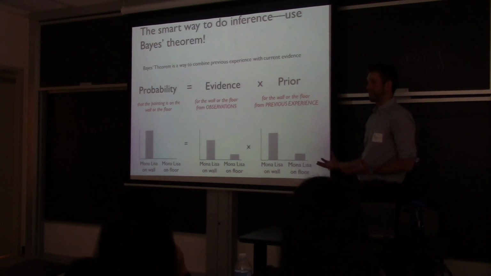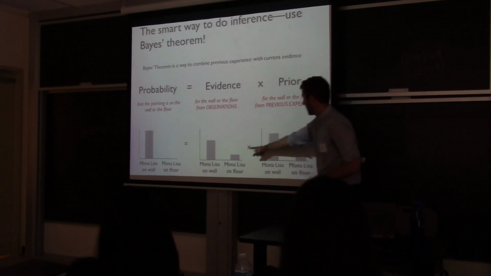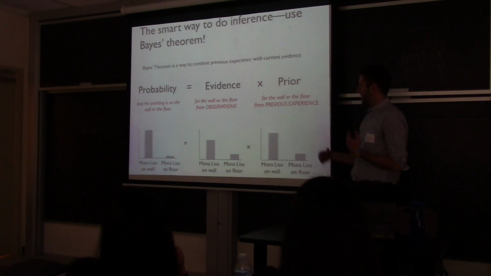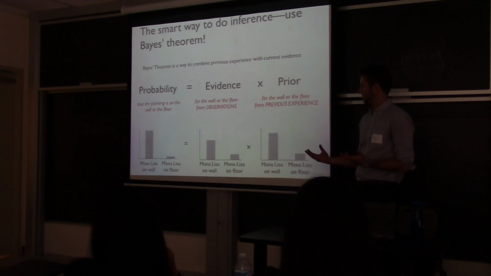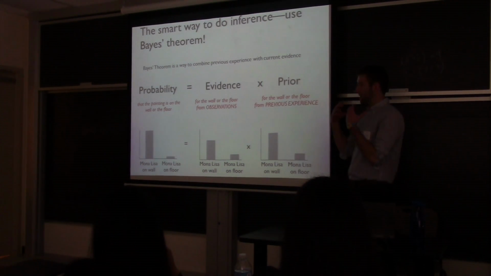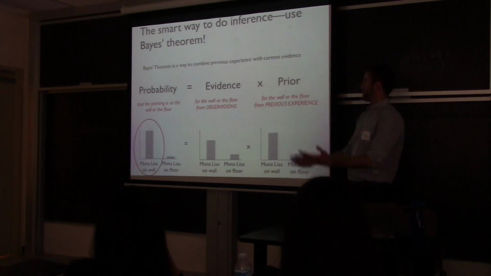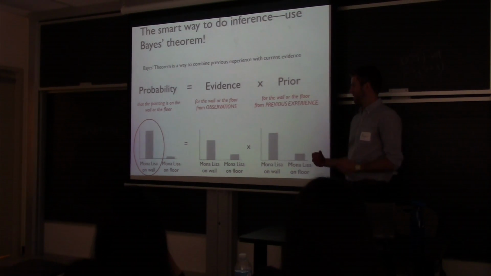But in reality, your expectation that the painting is on the floor is pretty low. So if you multiply these two, you're going to end up with a low probability that the painting is on the floor. And so then what you do in the inference step is you look at these two probabilities and say, oh, this is the biggest one. All right, this is what I'm going to believe.